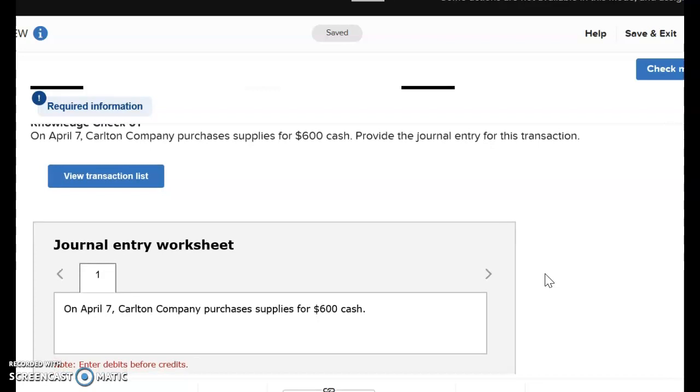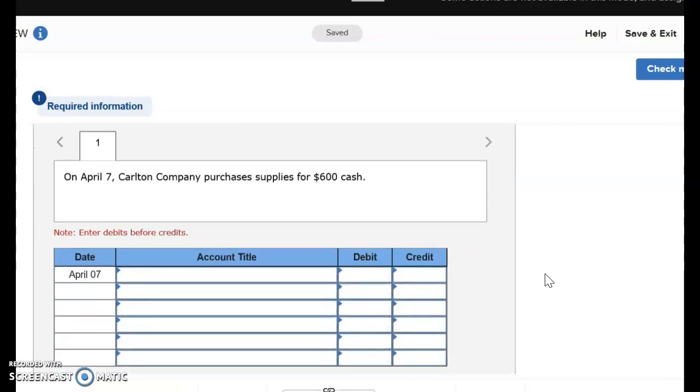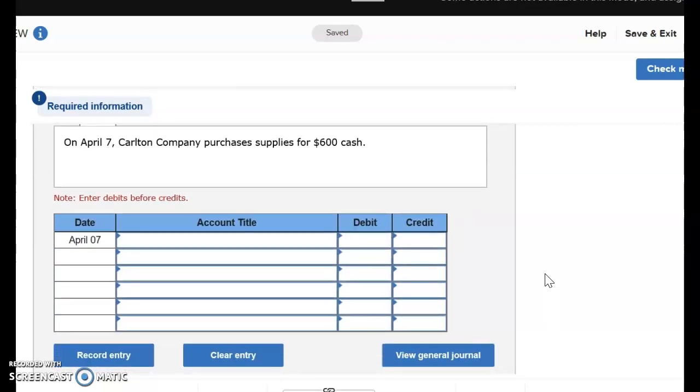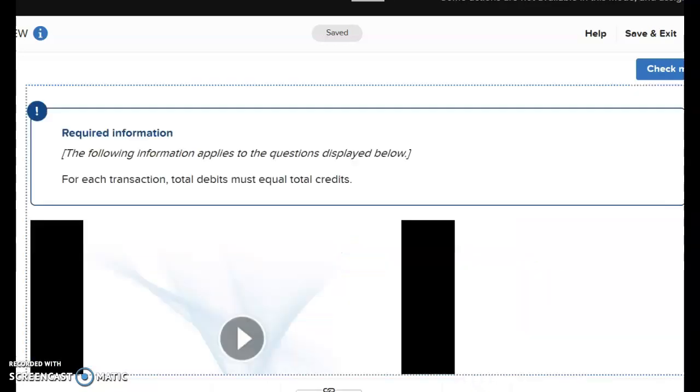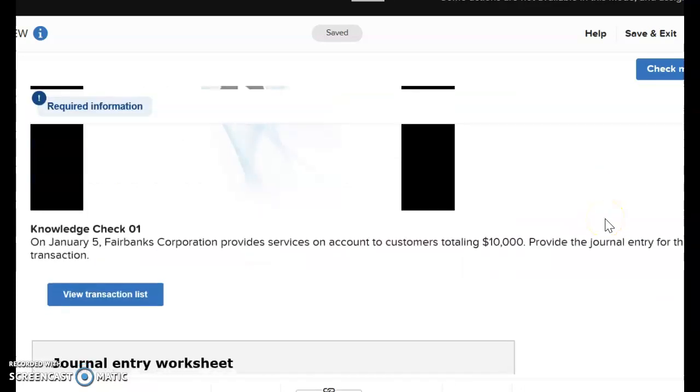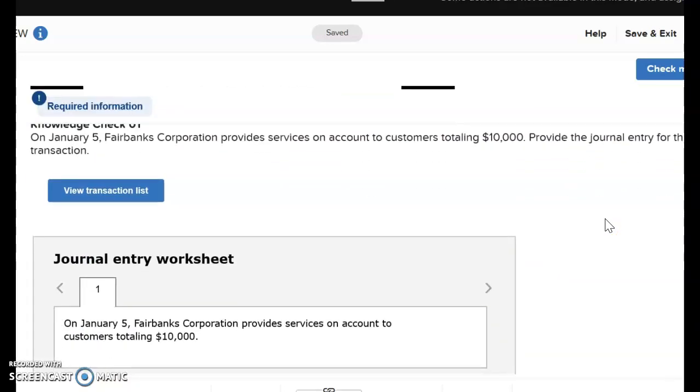On April 7th, Carlton Company purchases supplies for $600 in cash. Provide the journal entry for this transaction. And again, write out the journal entry in this format. On January 5th, Fairbanks Corporation provides services on account to customers totaling $10,000.